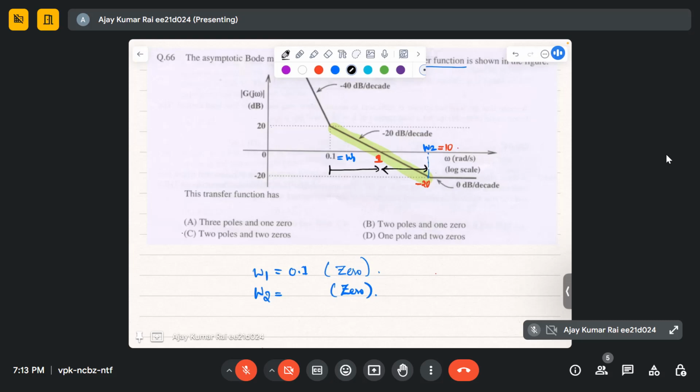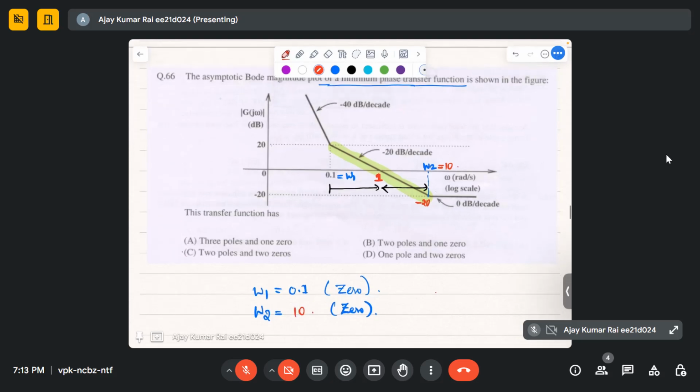One more decade above, at omega 2, which is equal to 10, the magnitude decreases by another 20 dB, from 0 to minus 20. That's why omega 2 is 10. Are you clear?